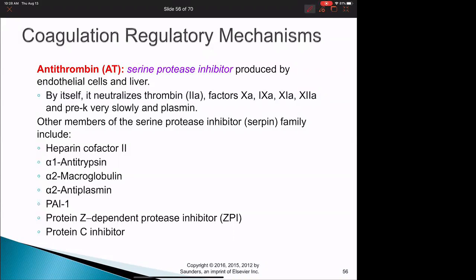Other inhibitors of the SERPIN family are heparin cofactor 2, alpha-1 antitrypsin, alpha-2 macroglobulin, alpha-2 antiplasmin, PAI1, protein Z dependent protease inhibitor, and protein C inhibitors.